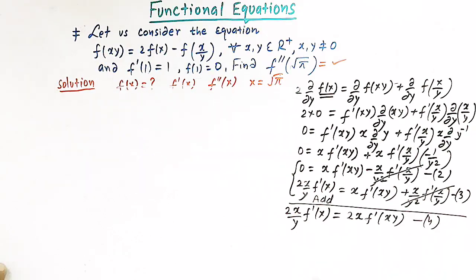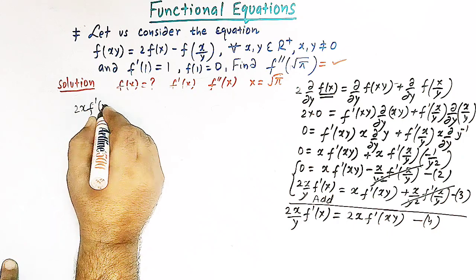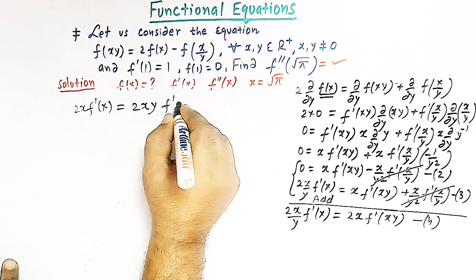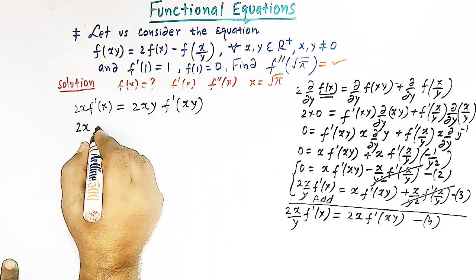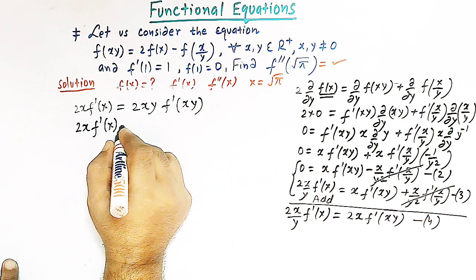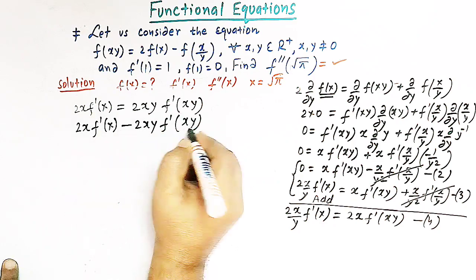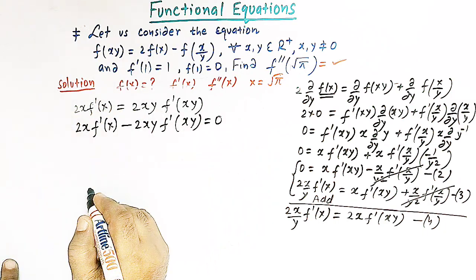So now cross multiplying here by y, so we have 2x f prime of x, and here we have 2xy f prime of xy. Now we can rearrange the equation. So we have minus 2xy f prime of xy is equal to 0. So taking this term to the left hand side.